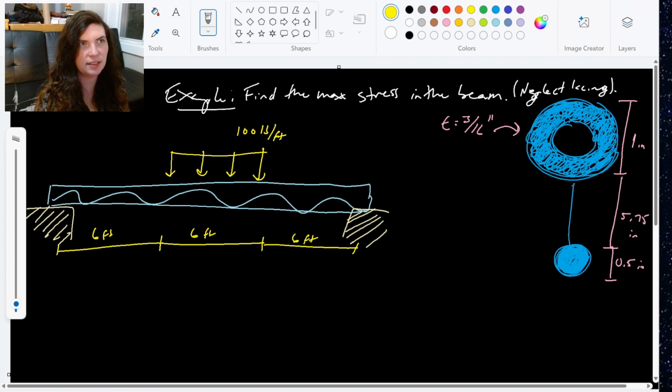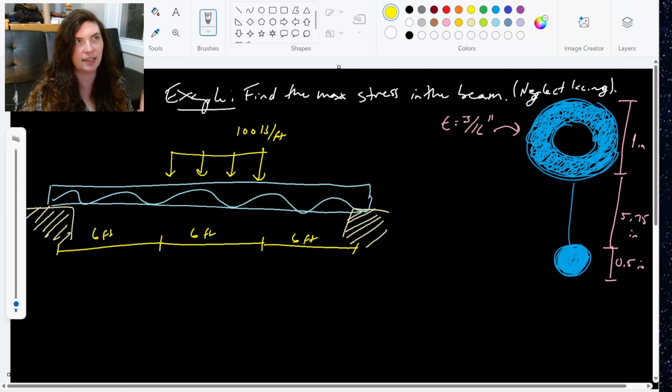The lacing represents this little line connecting these two circles. But really the cross section is a tube, a large tube stacked over a smaller solid rod. That's what makes this quote unquote beam. It's a tube over a rod.